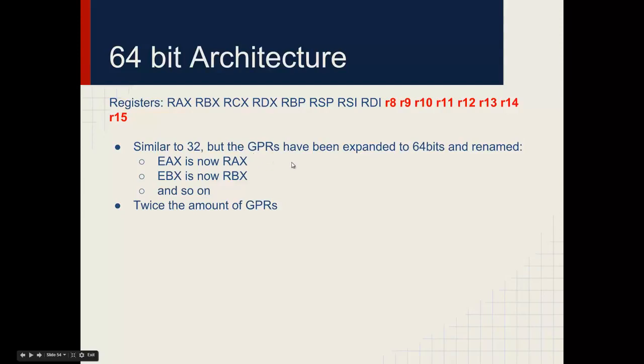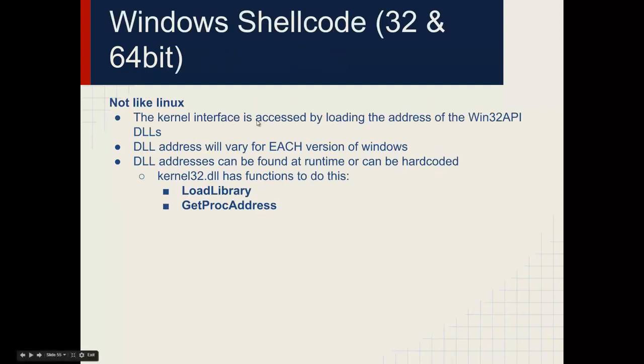The registers are 64 bits instead of 32 bits, and there's twice the number of general purpose registers. And we're not going to cover Windows shellcode in this class, but it is not like Linux. It is actually exceptionally easy to write Windows shellcode, and the Shellcoder's Handbook has a pretty good section on that.